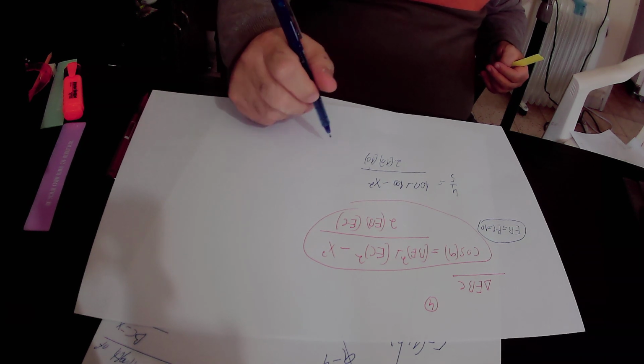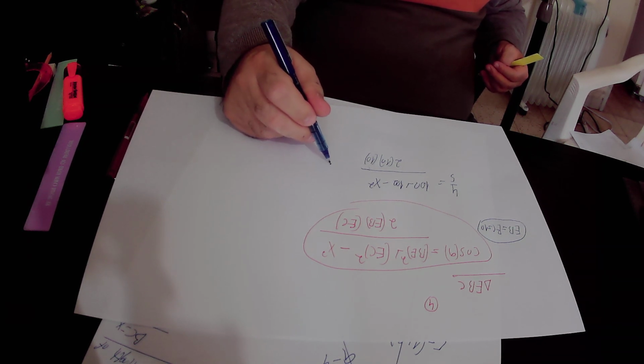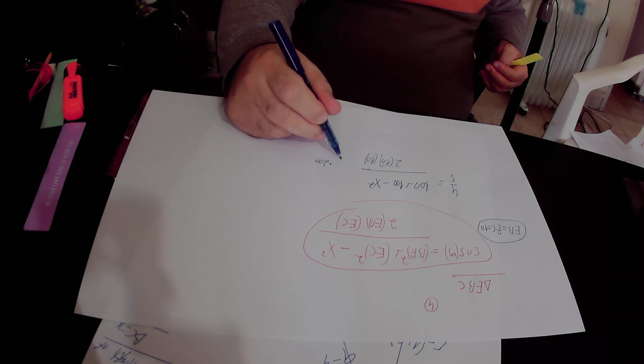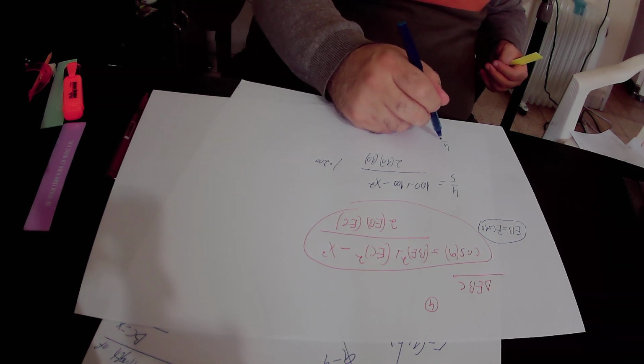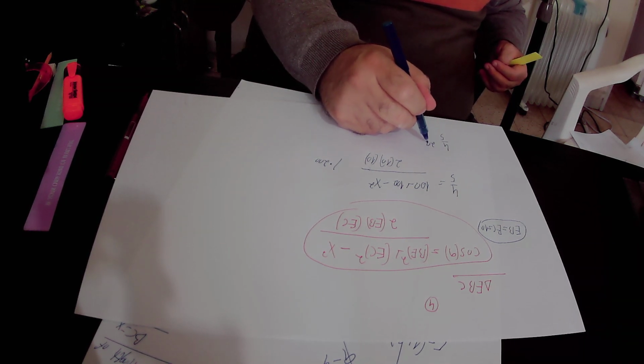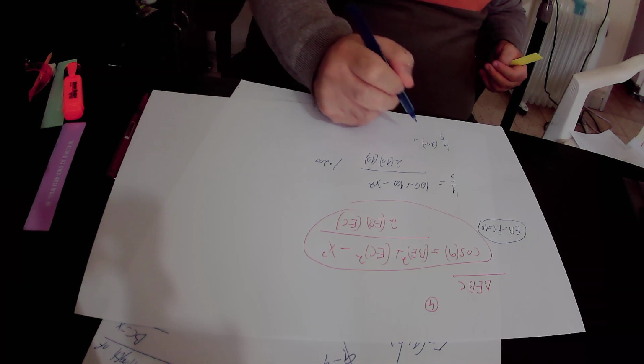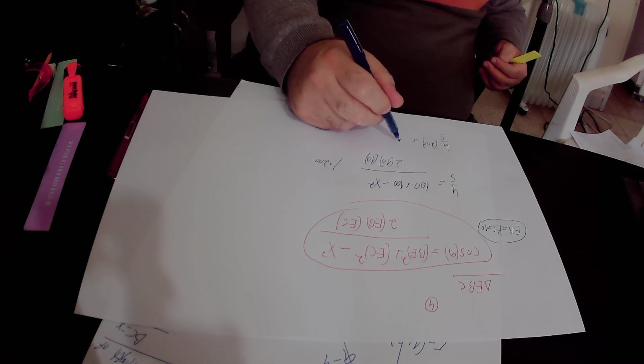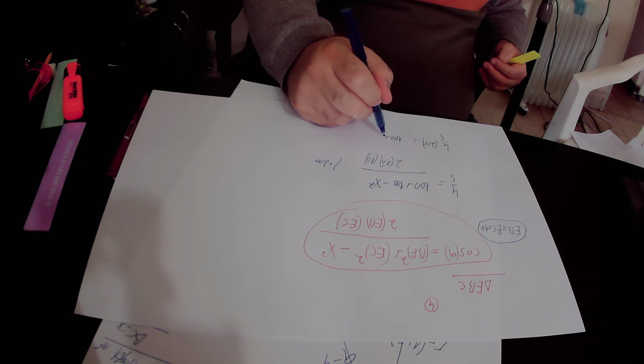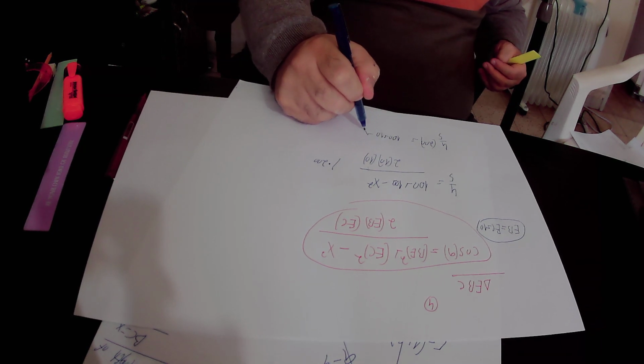So here we will multiply this equation by 200, and we get that 4 over 5 times 200 equals 100 plus 100 minus x squared.